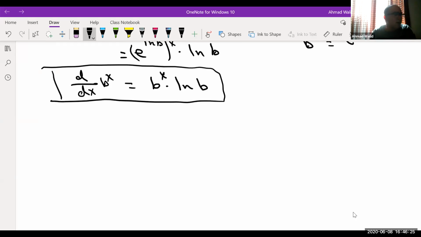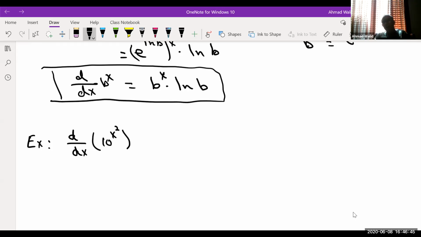Let's do a quick example. Example number 1: d dx of 10 to the power of x squared. Your b is 10, right? Let's apply our formula. You have b to the power of x, this function 10 to the power of x squared, times ln of b.